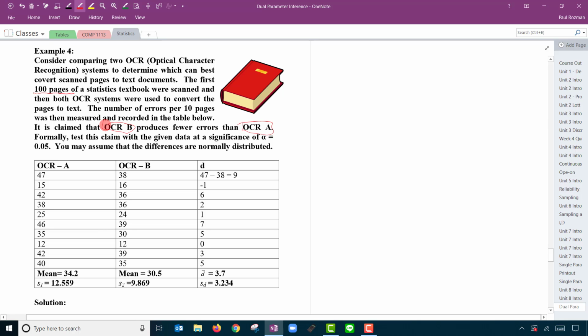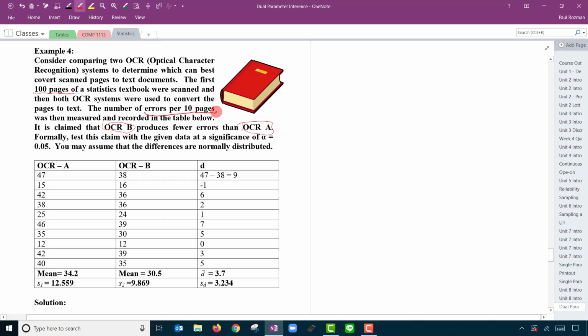So we'll check to see how many errors each one makes when converting from the image to text. And obviously there'll be quite a few when you're converting math books. There's lots of symbols and diagrams and things, and a lot of times that trips up those character recognition programs a bit. So we'll count the number of errors that software B makes and software A makes. And I think I broke it down to per 10 pages.